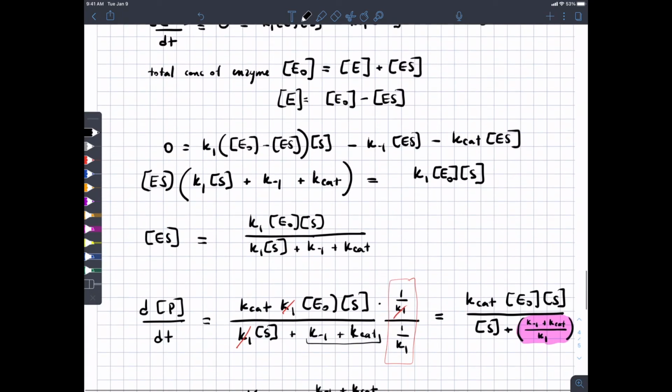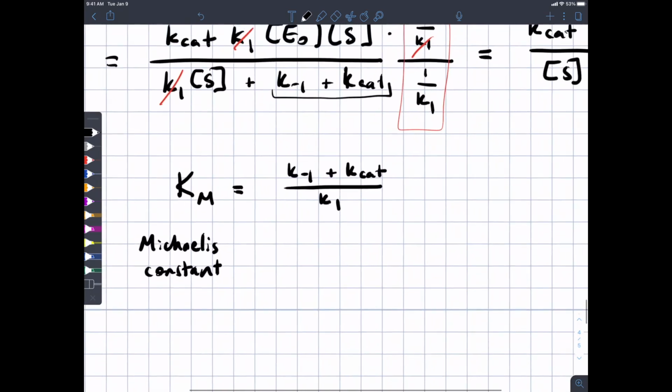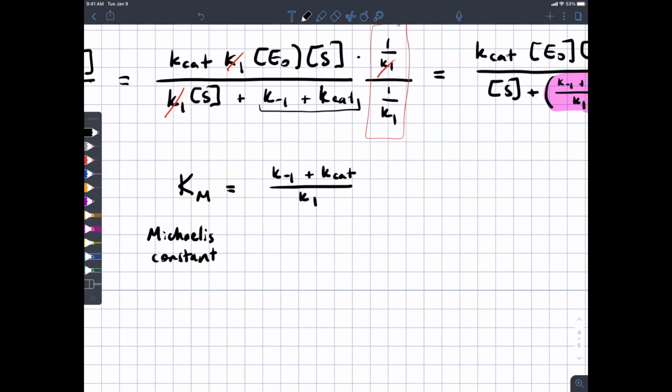So if we bring that down here and look at the units of Km: k minus 1 is per second, kcat is per second, k1 is per molar per second. All of the per seconds cancel each other out, and the units of Km are molar.